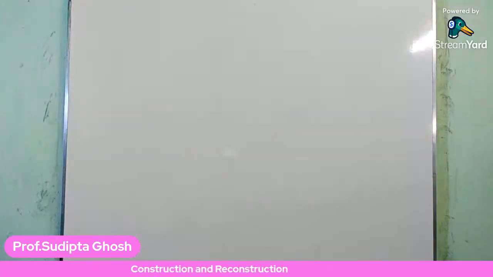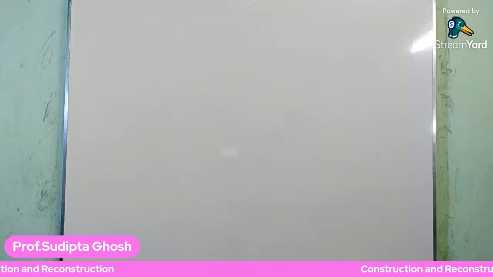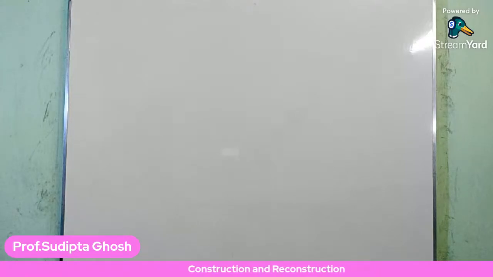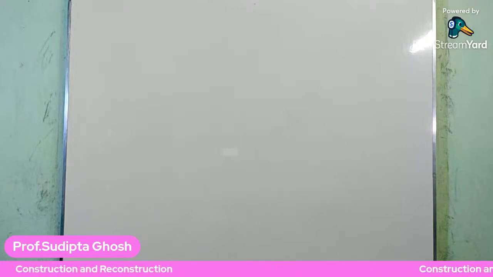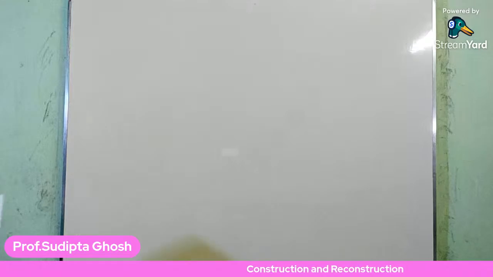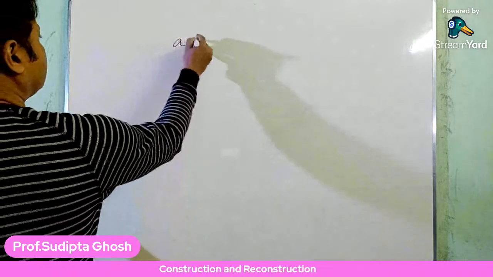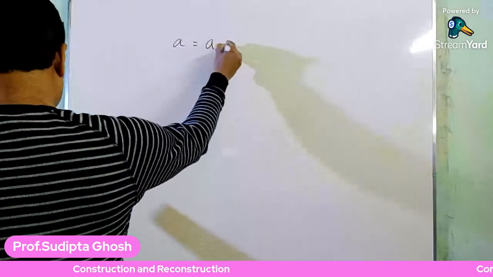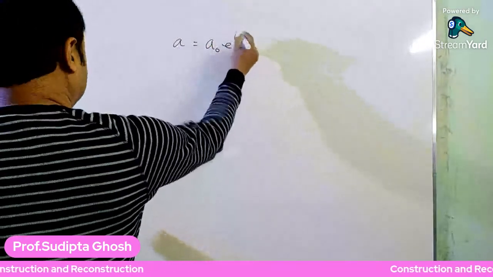So, in the mathematical analysis, we take the complex amplitude of the light wave which is scattered by the object and striking the hologram or the film. Let it be a = A0 e^(iψ).